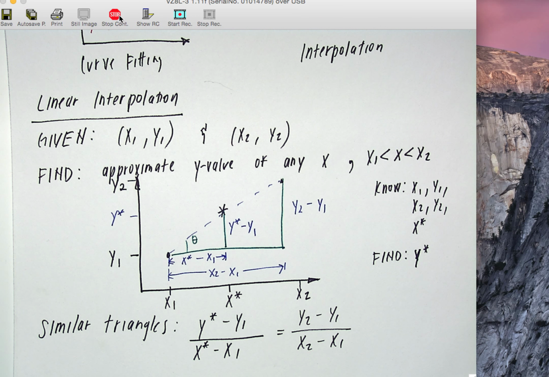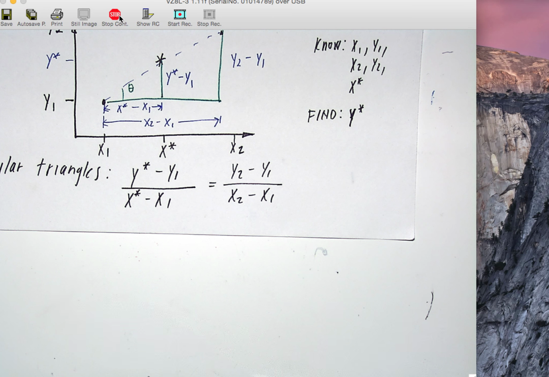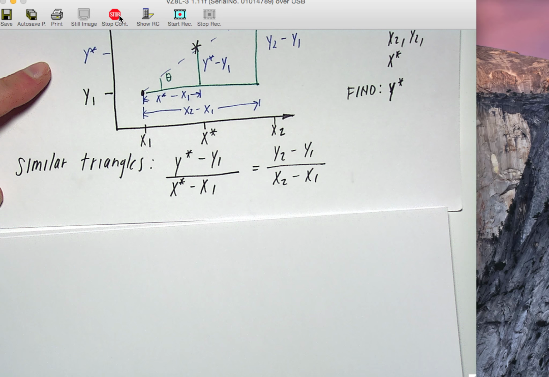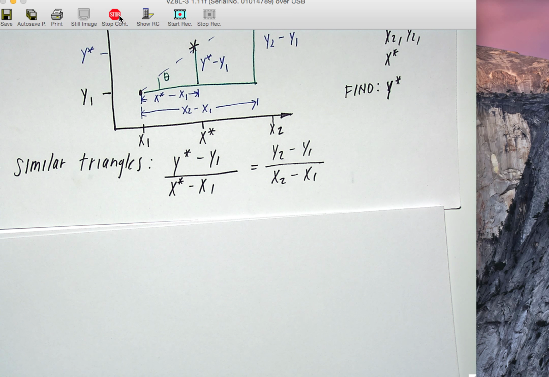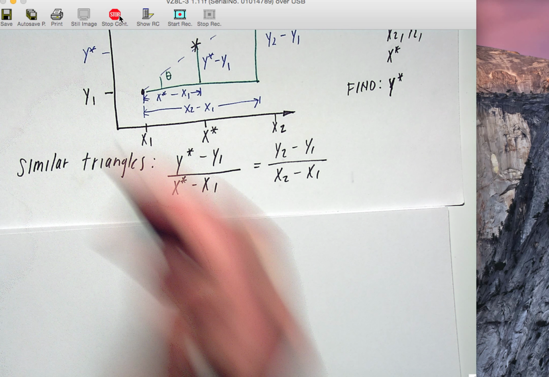So that's how we can relate our 5 unknowns to our known, right? So that's a relationship between all 3 of those. So since our unknown is the y star, we're going to solve for it. And this is the linear interpolation formula that you'll see if you ever look it up or if you ever use it.